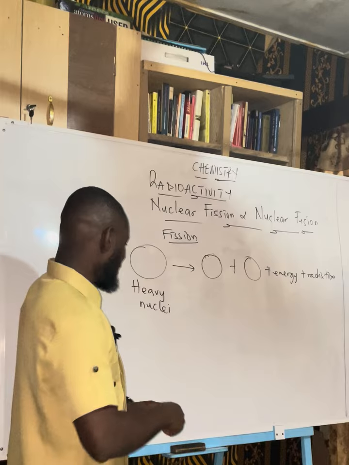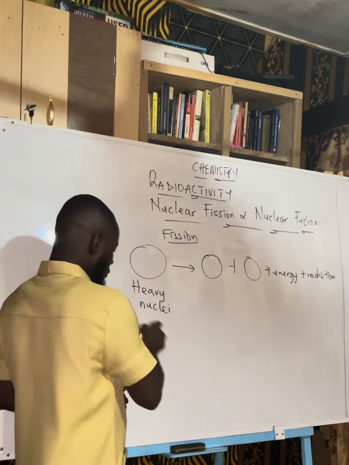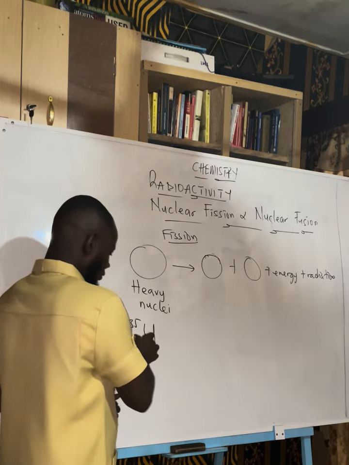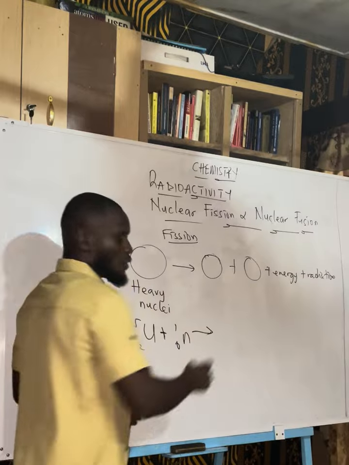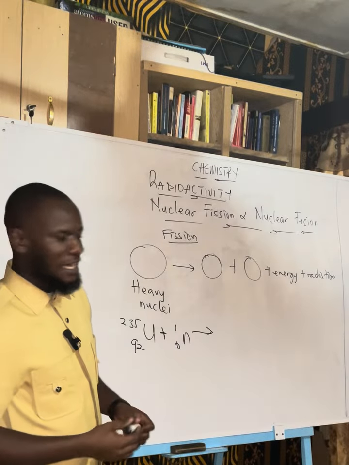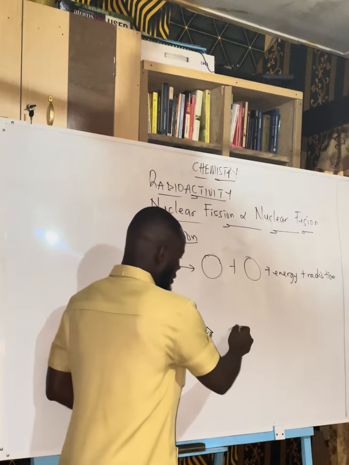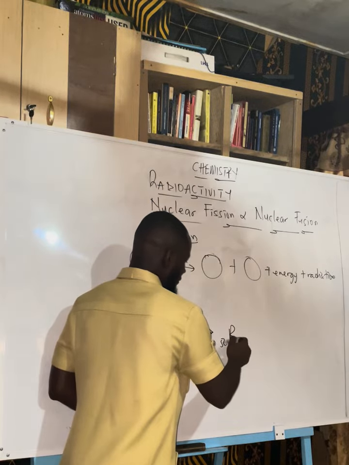For instance, when we have uranium-235, uranium-235 here can split to what we call barium and krypton.